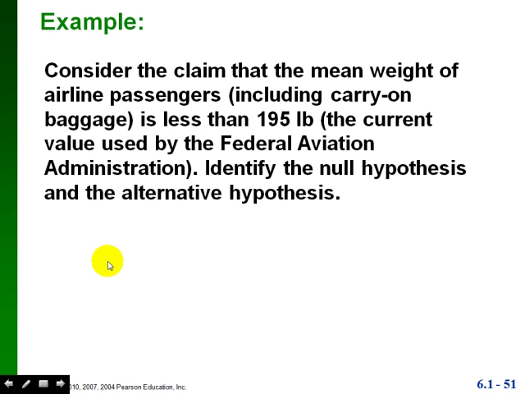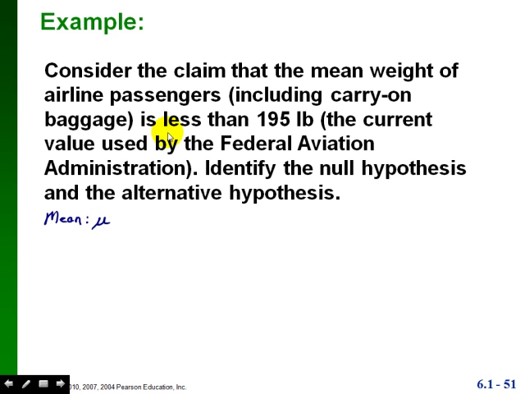Here's an example. Let's consider the claim that the mean weight of airline passengers is less than 195 pounds, and we'll look at how we would find the null hypothesis and the alternative hypothesis. Well, first of all, if we're talking about a mean, then we're going to use mu because that's the notation we use to stand for our population mean.